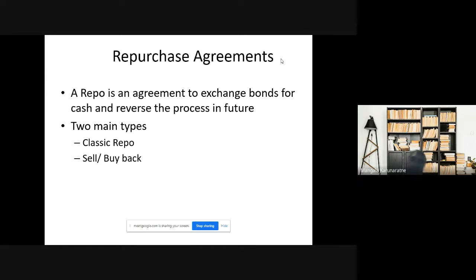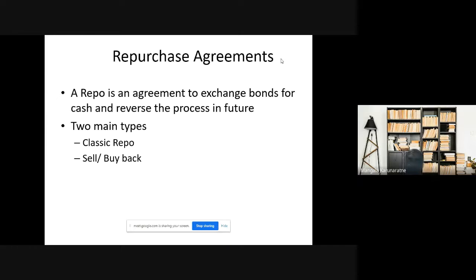So sometimes repo on bonds, a repurchase agreement on bonds, will be more attractive than other securities. That is why we always find bonds given as security for repo transactions.